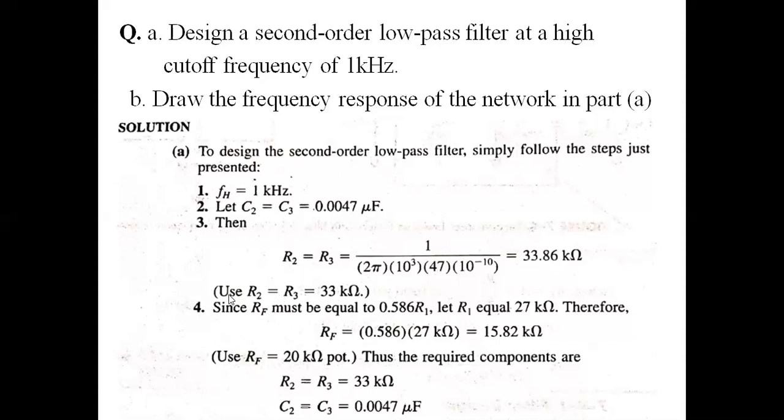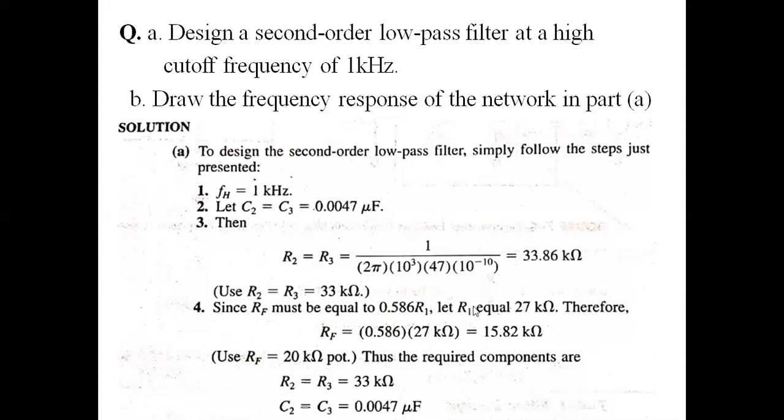Since for the second order filter the gain is given by 1 plus Rf by R1, which is equal to 1.586, therefore RF must be equal to 0.586 R1 from the design procedure of the second order low pass filter.